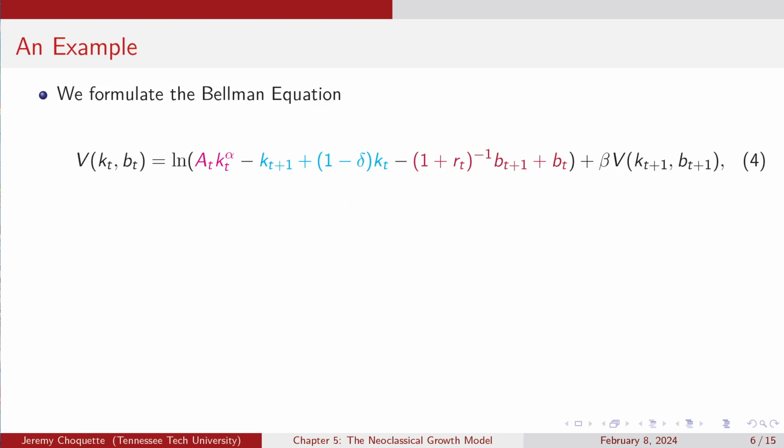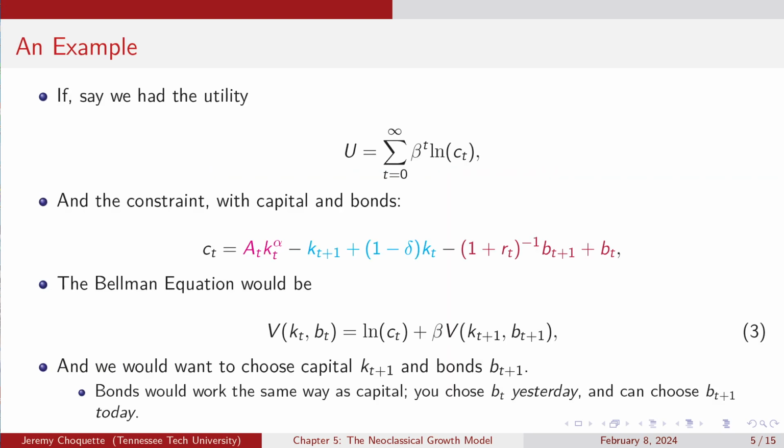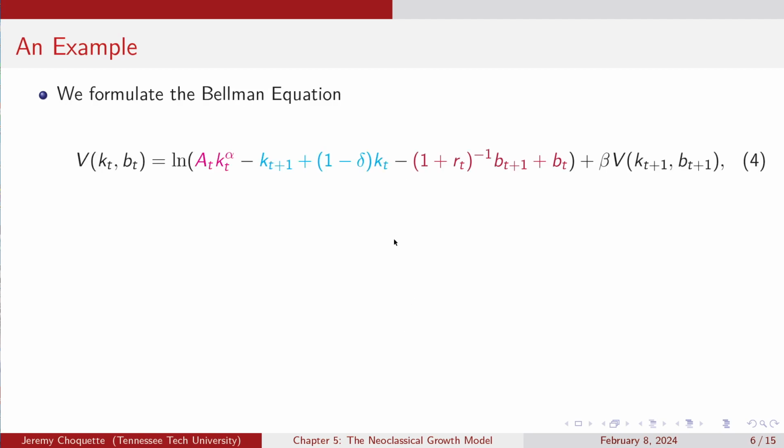So we formulate our Bellman equation by just taking that constraint that we have right here, right? Because we got the natural log of CT, but CT is equal to all this stuff, right? Originally, it was just output minus investment, but now it's output minus investment minus bond holdings. So I just take what's on the right-hand side of this equation here, and I plug that in for consumption, and that gives me this right here.